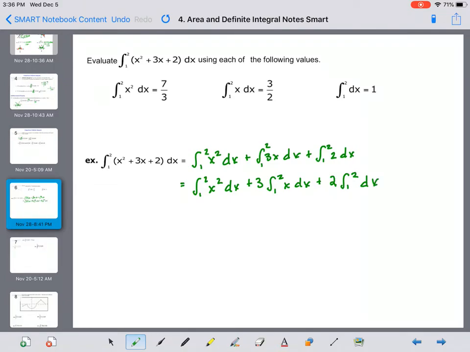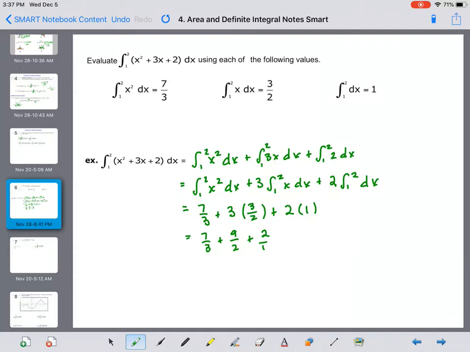and because I know the integral from 1 to 2 of x squared is 7/3, plus 3 times the integral of just x, which is 3/2, that 2 being a coefficient, and the integral of just dx is 1. And then I can simply calculate it piece by piece. Okay, I'm going to put that over 1.